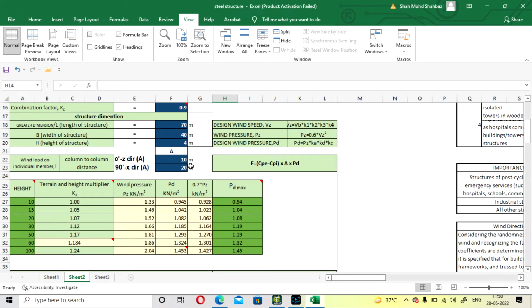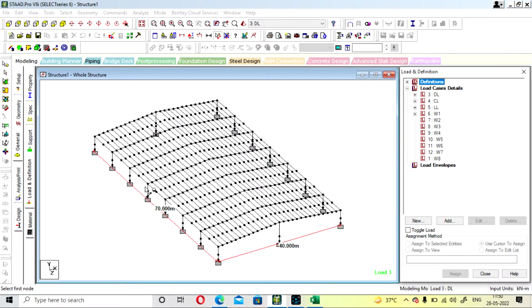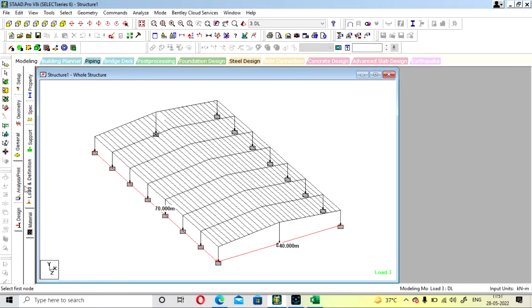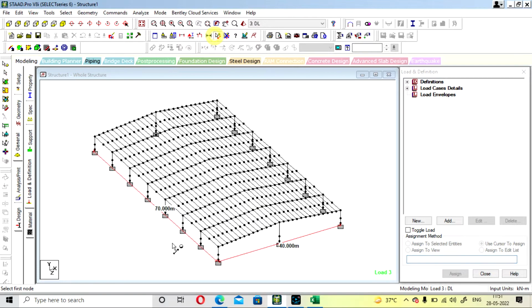Now we have to give the distance between the columns on the two sides in 0 degree and 90 degree. This will be 0, this will be 90 degree. So our column distance is 20 meter.